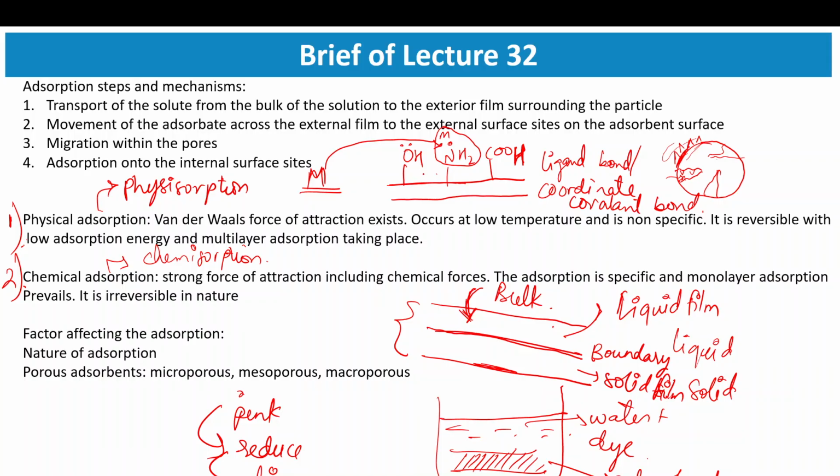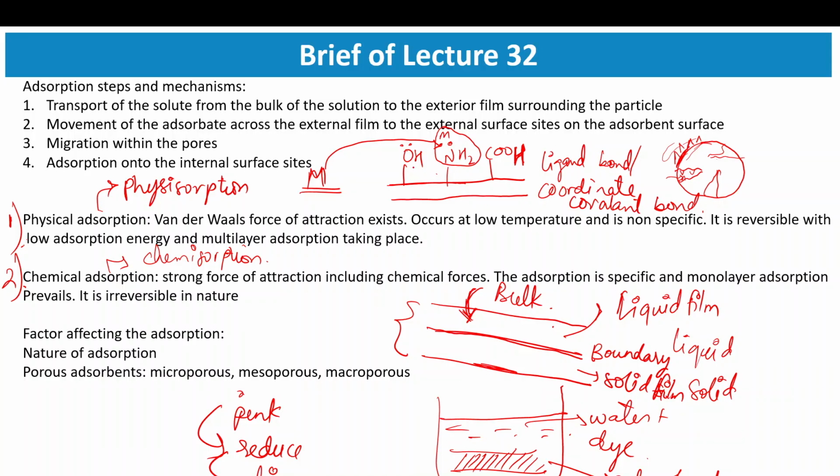So you can say that it will form only one layer of adsorption, right? Because once the adsorbate has sat on this functional group, this is occupied, right? Now, this force cannot exist between another molecule. So it's a very strong force which is prevailing and which is attracting the adsorbate.